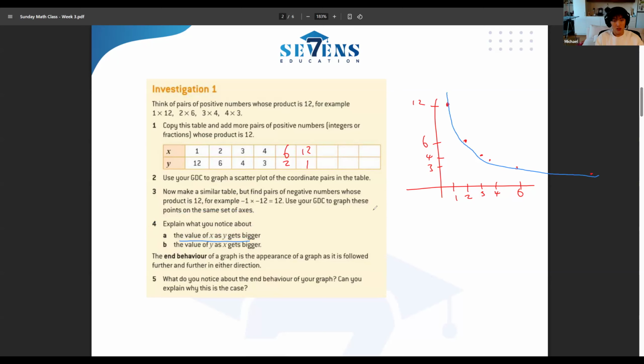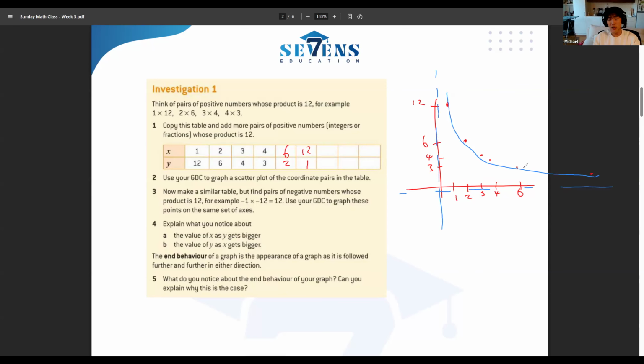Okay. And same goes for when x gets bigger: we go along that direction, y gets smaller. But more precisely, it approaches 0. It gets very close to 0, right? It's not like smaller into the negative region. It gets smaller, but it does not cross the x-axis.